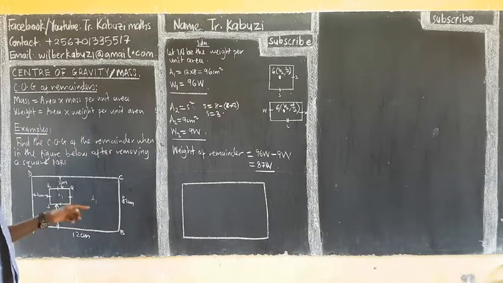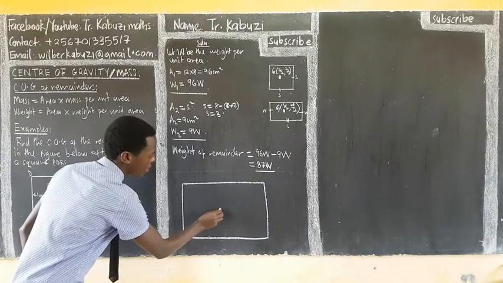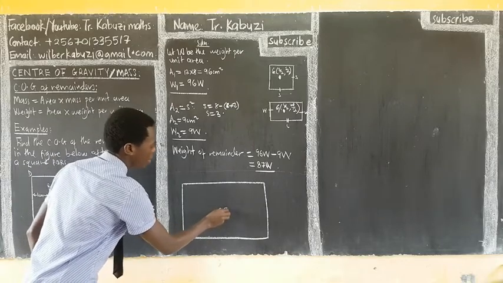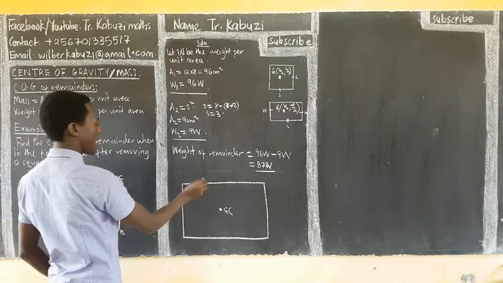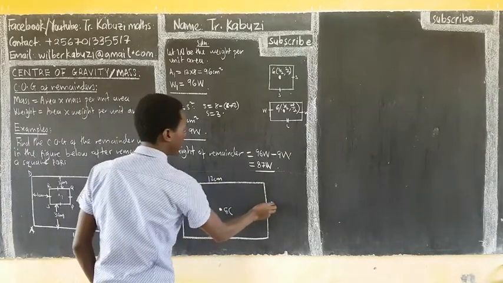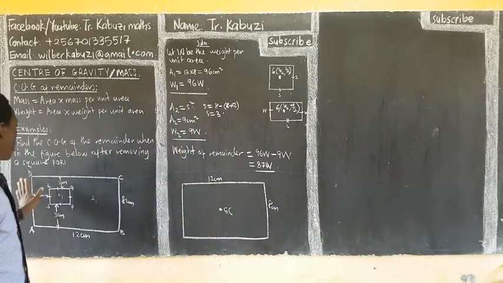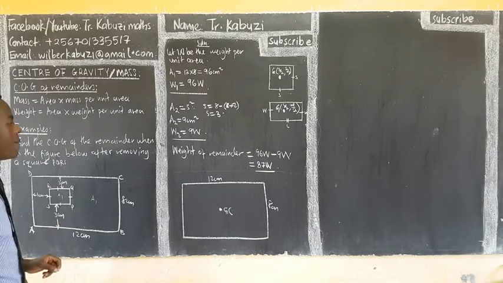I'm going to have this one here as my D1. The dimensions are 12 centimeters and 8 centimeters. Of course, for the whole of this, the center of gravity will act there in the middle.